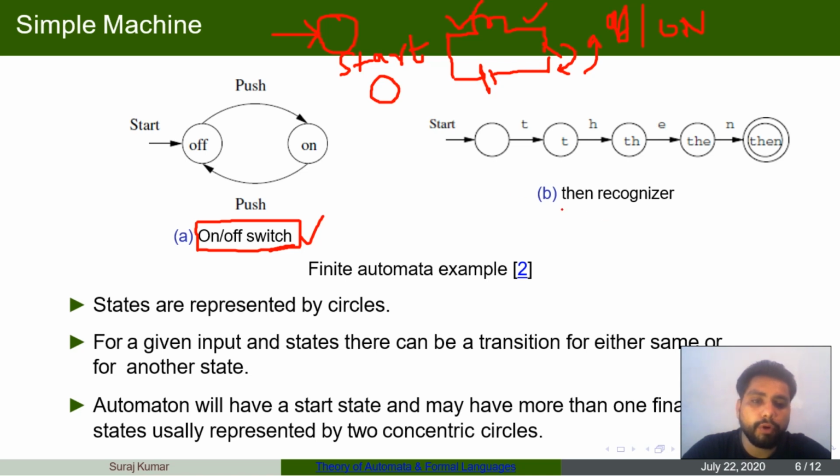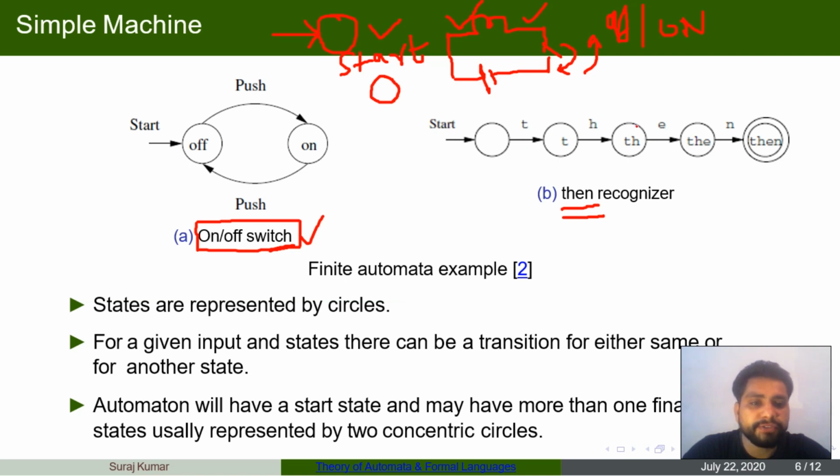Now let's see another example. Suppose you want to design a compiler for a particular language, let's say C, and there is a keyword, let's say then, and you want to recognize whether then is accepted by your automata or not. You will start from your starting state, which is represented by a single circle and this arrow sign.